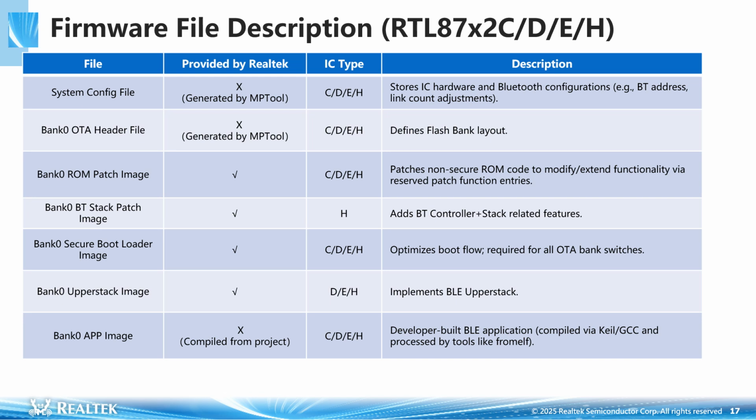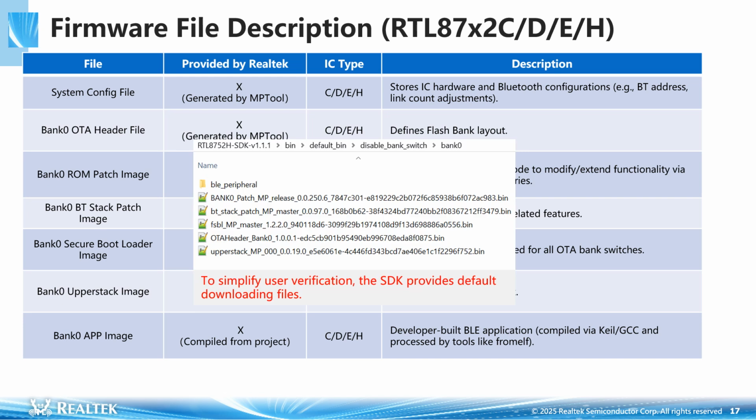Users can download these materials through Anchor, the Realtek file release system. If you do not have an Anchor account, please request registration from an agent, PM, or FAE. Alternatively, you can directly download them from RealMCU. Additionally, the default downloading files are provided in the SDK directory, and users can directly use them.